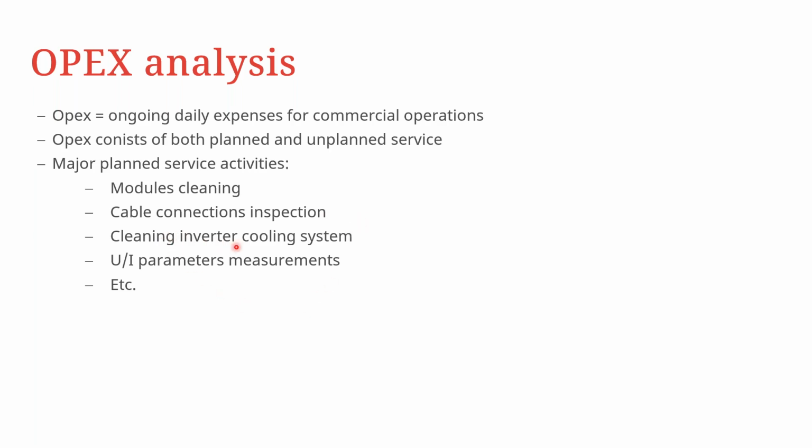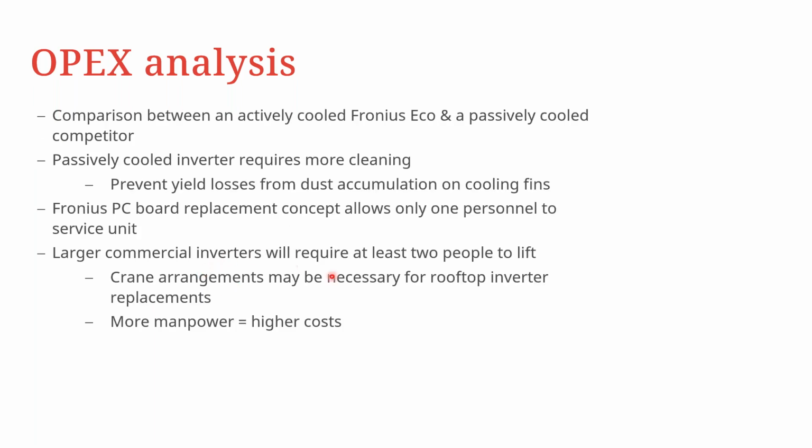It could be cleaning the inverter cooling system, especially when a passively cooled inverter is concerned. It could be things like checking the voltage and current parameters of the PV array to make sure that the PV array is still generating within the designed parameters, and so forth.